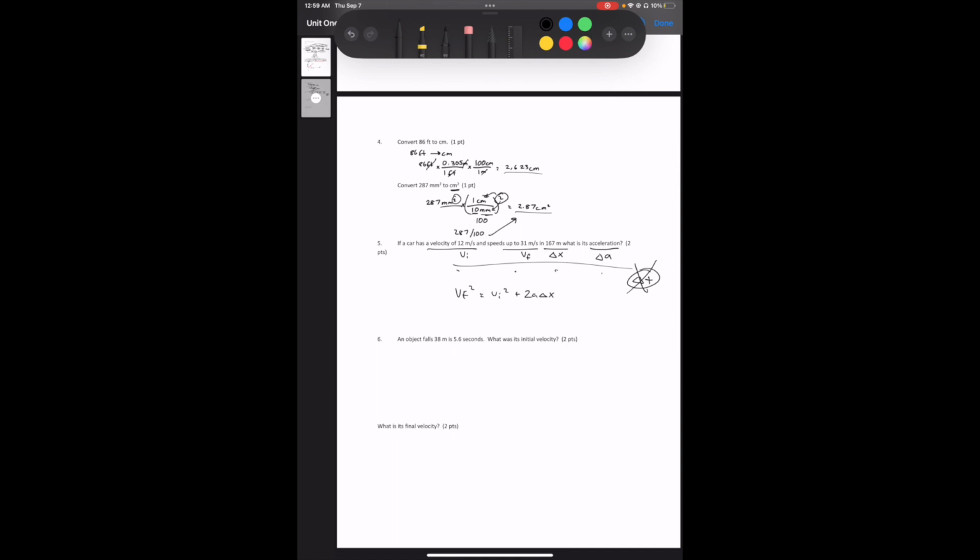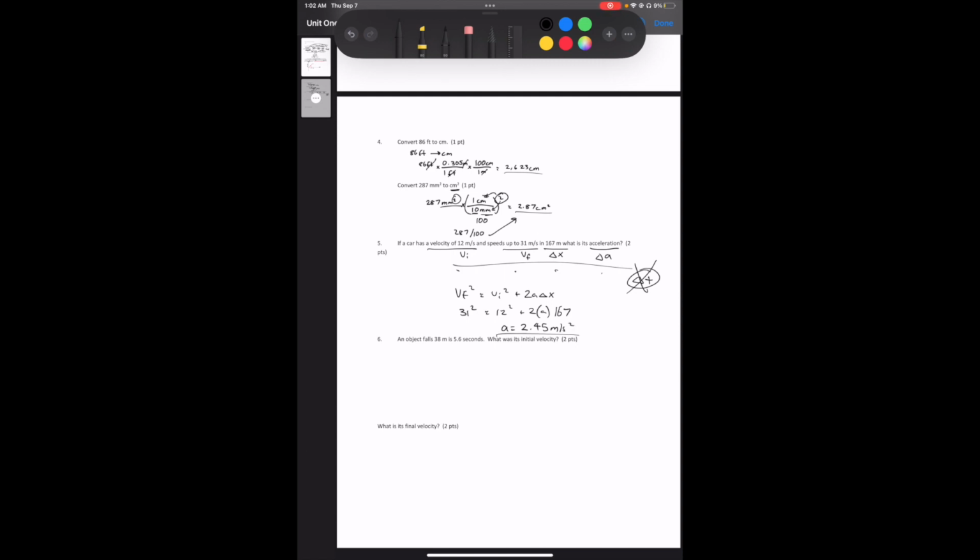And we can just go ahead and plug everything in. We're solving for the a here. And it's just some basic algebra. Your acceleration should turn out to be 2.45 meters per second squared.